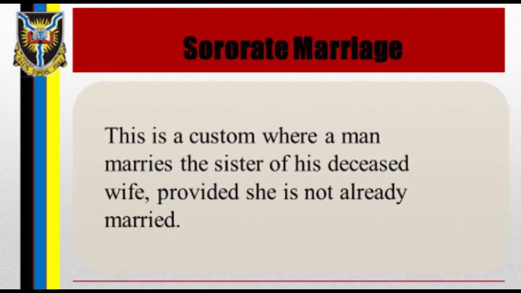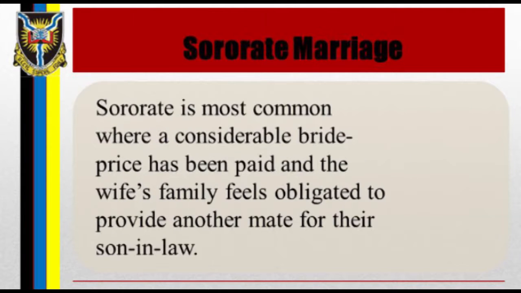In the sororate case, a man marries the sister of his deceased wife, provided she is not already married. Sororate is most common where a considerable bride price has been paid and the wife's family feels obligated to provide another maid for their son-in-law.